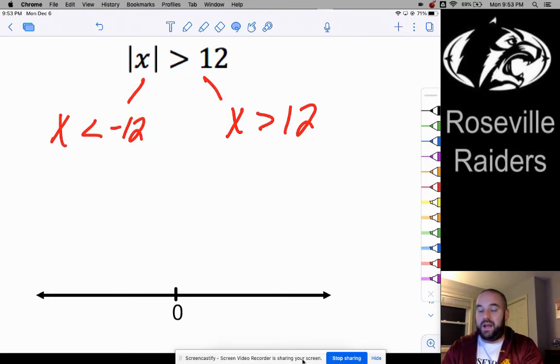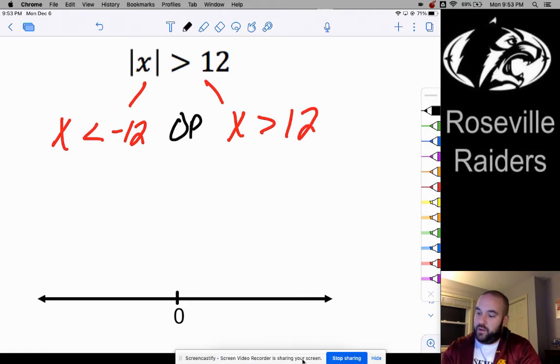So as long as my value of x is one of these two categories, as long as it's either less than -12, so to the left of -12, or it's greater than +12, to the right, this is going to make a true statement. Just like we did yesterday with the compound inequalities, we have an or situation.